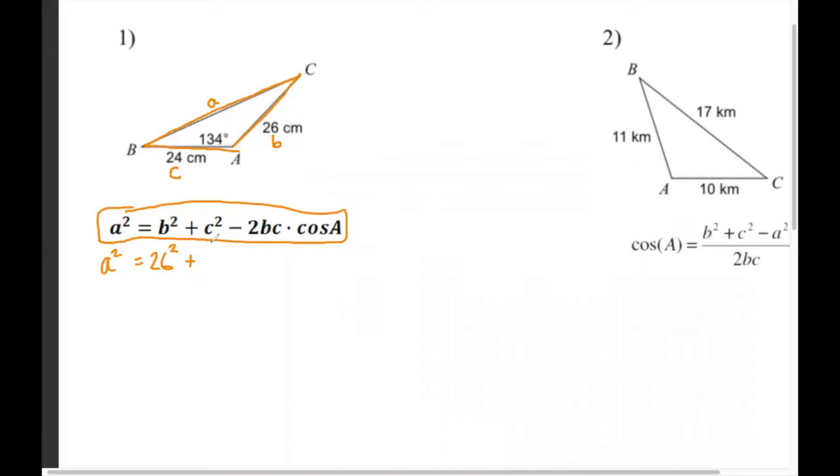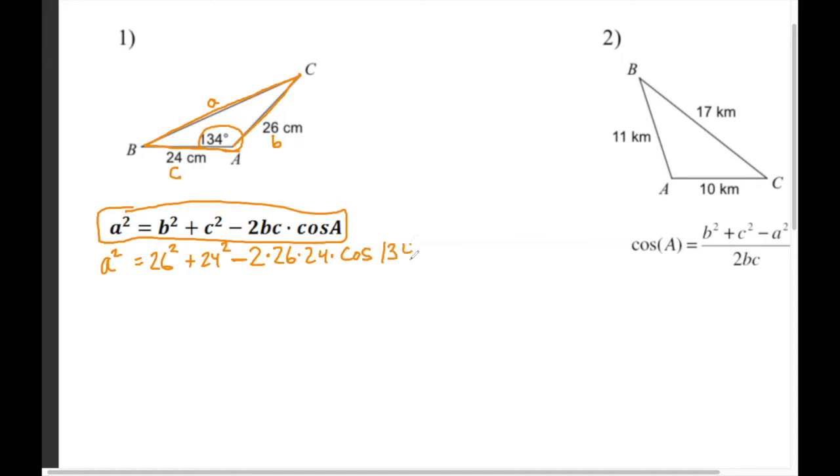So that's 24 centimeters. So it's 24 centimeters squared minus 2 times B, which again is 26, times C, which again is 24, times the cosine of angle A.